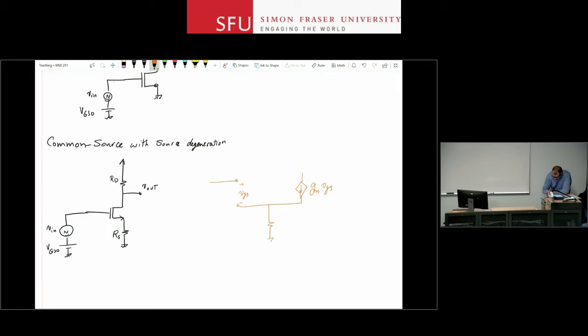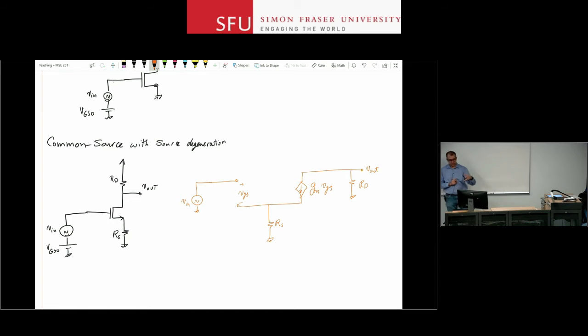I attached the rest of the components to this, RS, RD, V out, and in the input I only have V in. Okay? So this is the small signal equivalent circuit for the circuit to the left.